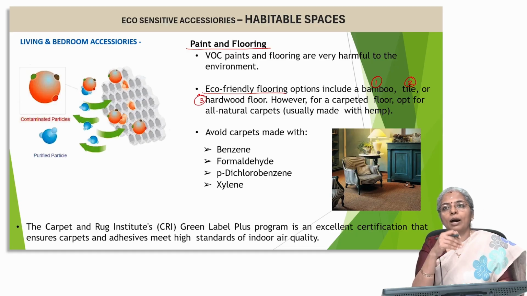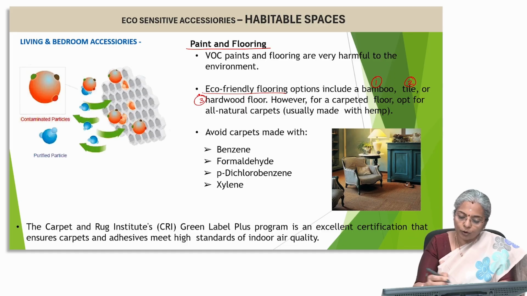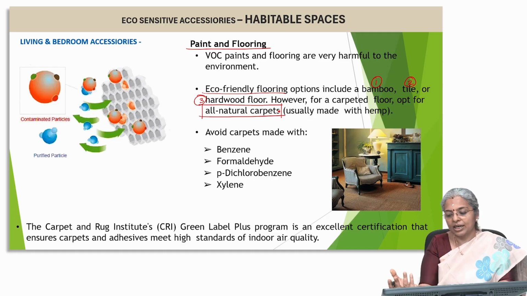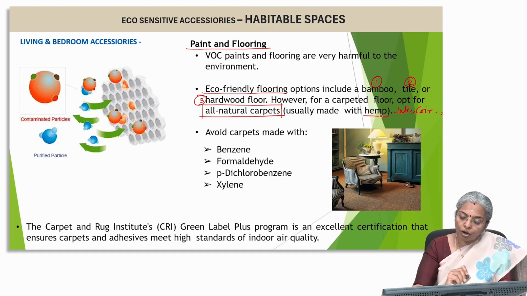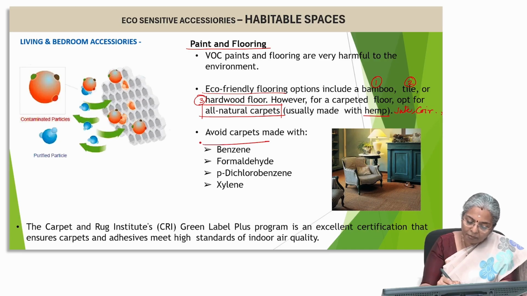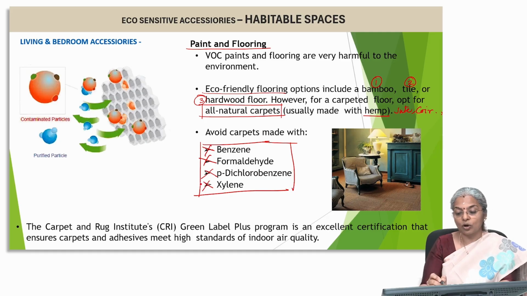However, for a carpeted floor, you should opt for an all natural carpet. So, all natural carpets will be made of natural fibers such as hemp or jute or coir and so on. You should always avoid carpets which are made using benzene, formaldehyde, p-dichlorobenzene and xylene, because these are all very harmful chemicals.